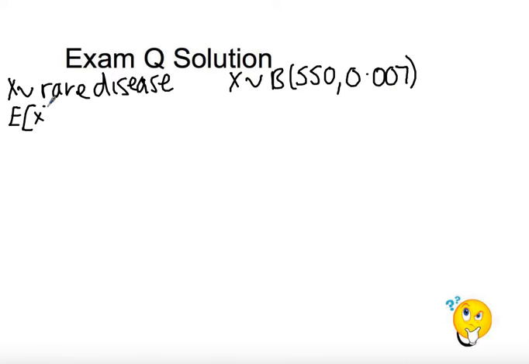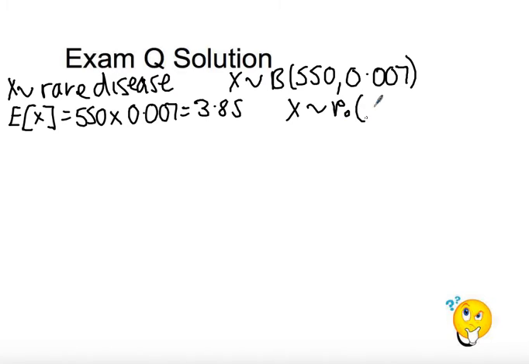The expectation of X is 550 times 0.007, so np. When you work through this, we get a mean of 3.85. So we can say X is distributed with a Poisson, mean 3.85.